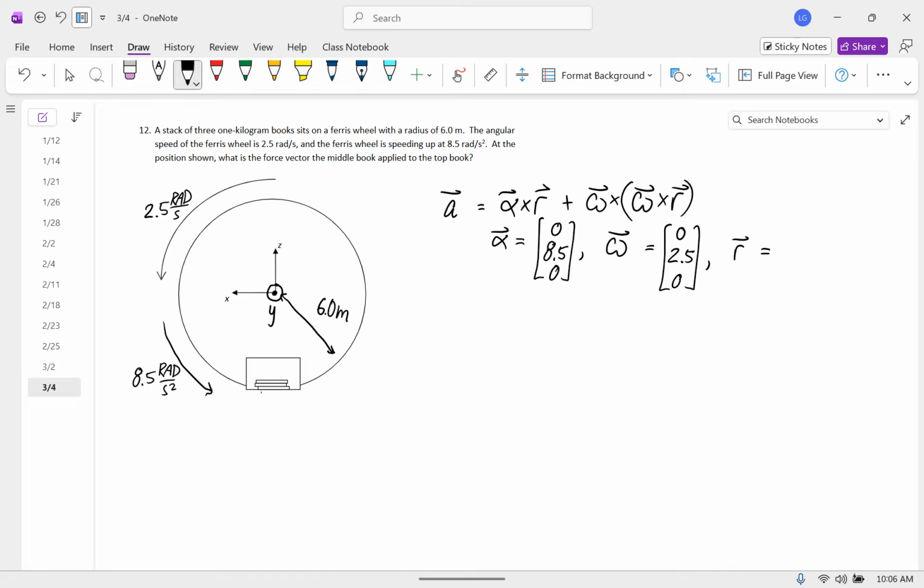And the r vector, that is in the negative z direction from the center of that circle. And so that is 0, 0, negative 6. So the acceleration is this.